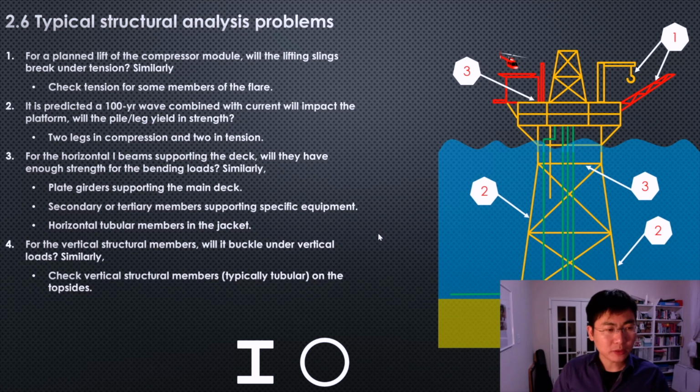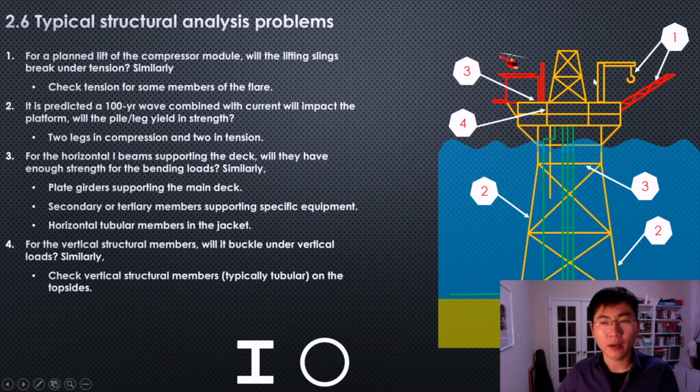The fourth question: for the vertical structural beam members, will it buckle under vertical load? So we come back again. If this is a member, the question is, will that buckle? We have reviewed the critical buckling load equation.